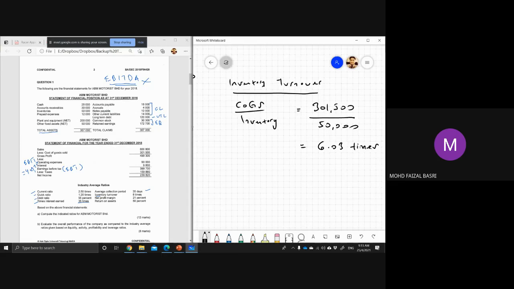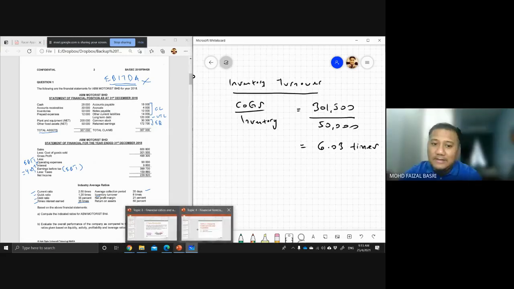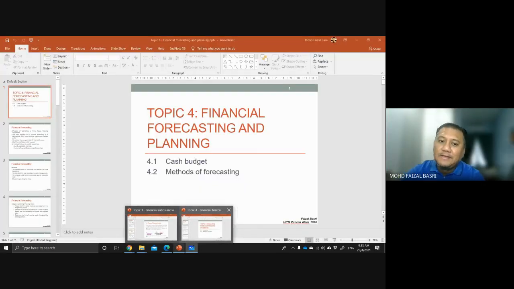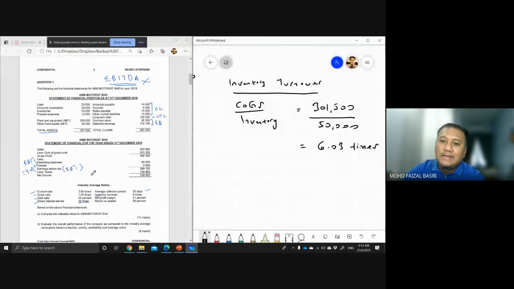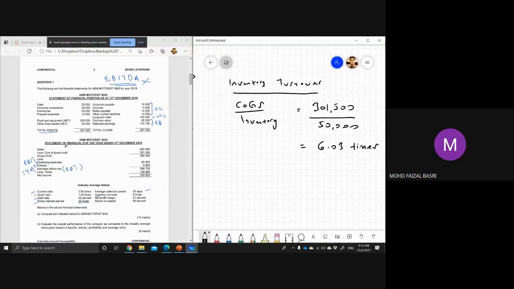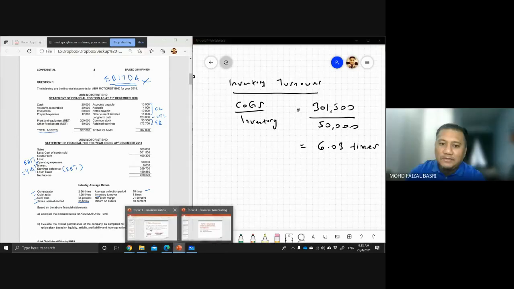This indicates that the company's inventory turnover is worse as compared to the industry average, because the higher the ratio, the better. And so this indicates that the company is less effective in utilizing its inventories to generate sales.